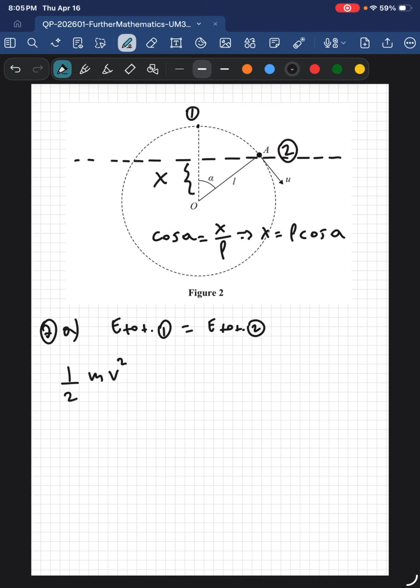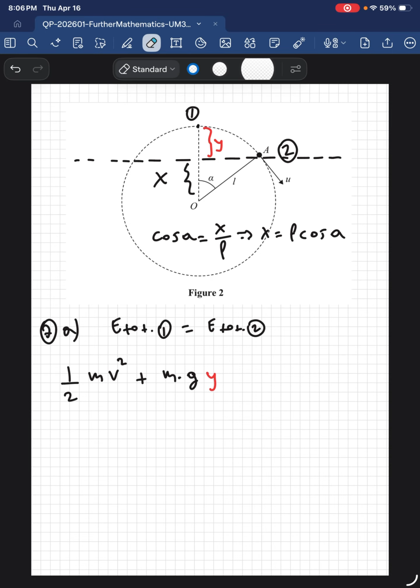So let's go back to the equation of conservation of energy. So at point 1, we'll have 1/2 m times the speed squared, so the final speed squared, so let's call it v squared, plus m times g times this distance that we call y, so mgy, okay?